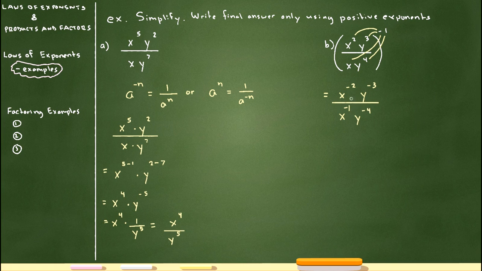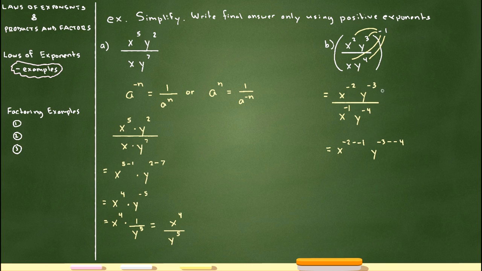Now there's a few different things you could do here too. But what I'm going to do here is I'm going to do the division. I see, okay, I have an x in the numerator and in the denominator. So the quotient rule says this would be x to the -2, and then we're going to be very careful of the sign here. It's going to be minus a -1, and then we're going to have a y here, and that power is -3, and we're going to subtract the bottom power, minus a -4, right?